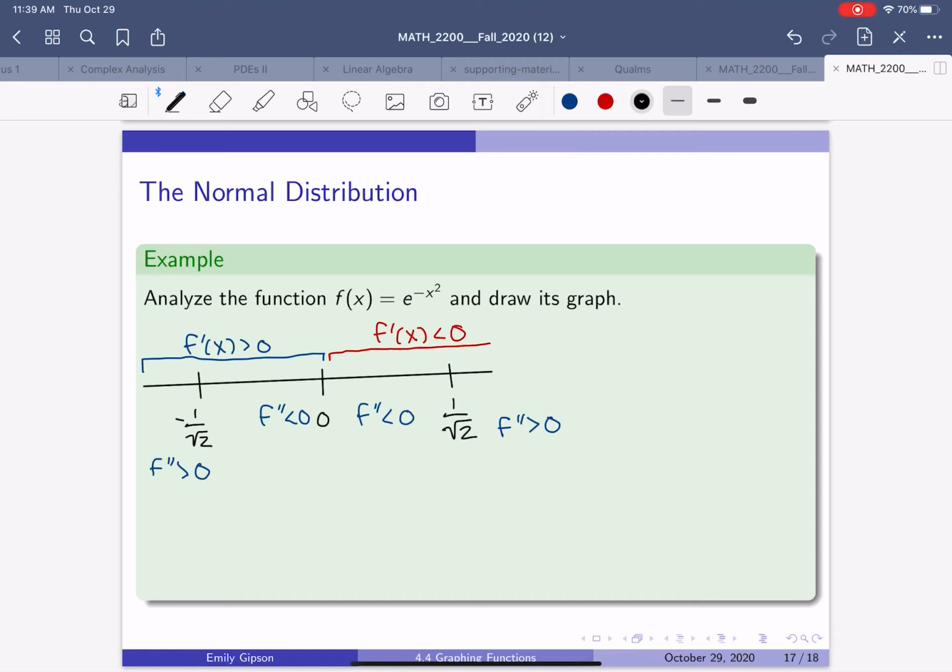And we know from the slide that I showed in the previous lecture that when f prime is greater than 0 and f double prime is greater than 0, we've got something that is concave up and increasing. When f prime is greater than 0 and f double prime is less than 0, we've got something that is concave down and increasing. And that's just from plugging in the combinations of f prime and f double prime.